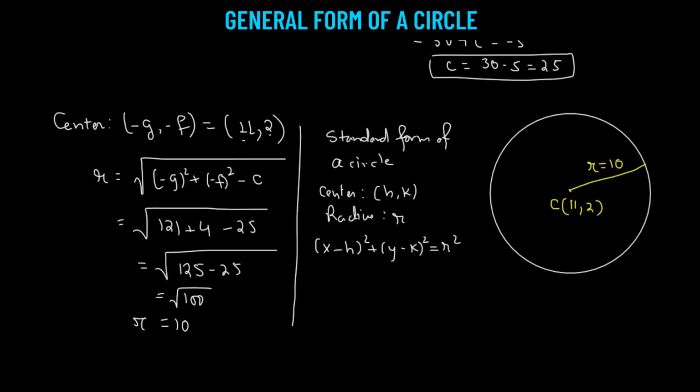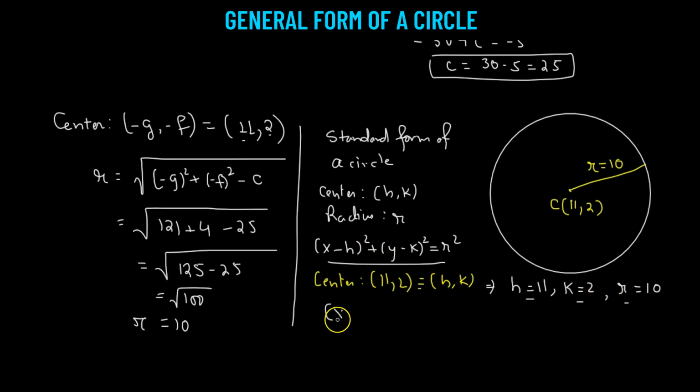Now in our case, we have a center given by 11 comma 2. In the standard form, this is represented by h comma k. So the value of h is 11 and the value of k is 2. The radius is going to stay as 10 units. So we can substitute the values of h, k and r into our standard form.